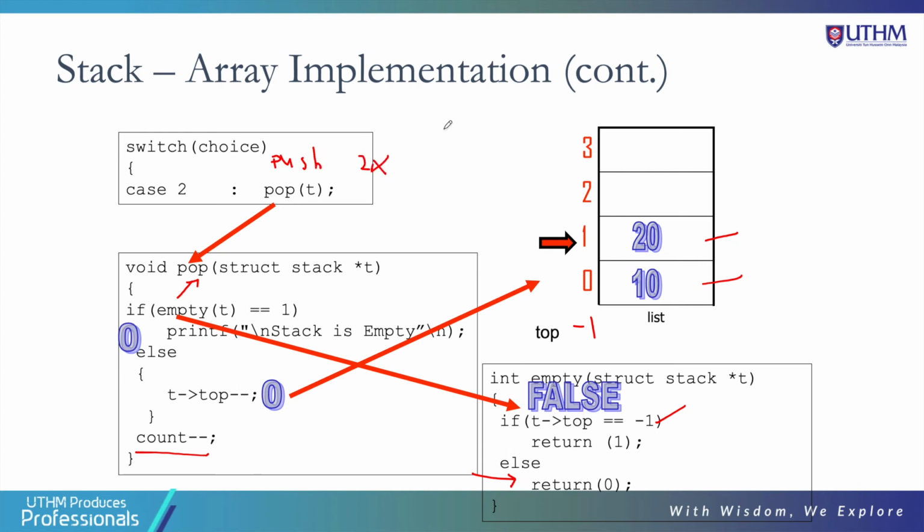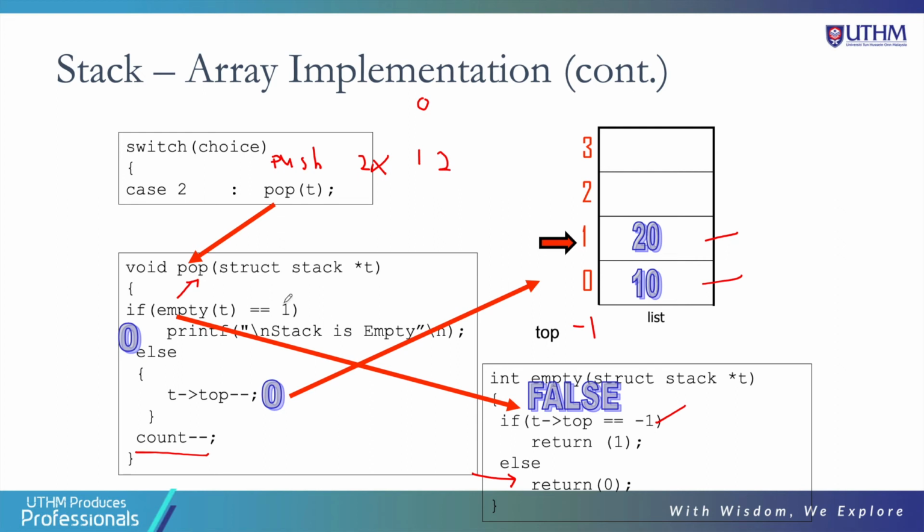The starting value of count is 0. So when push is called 2 times, 0 will become 1, 1 will become 2.